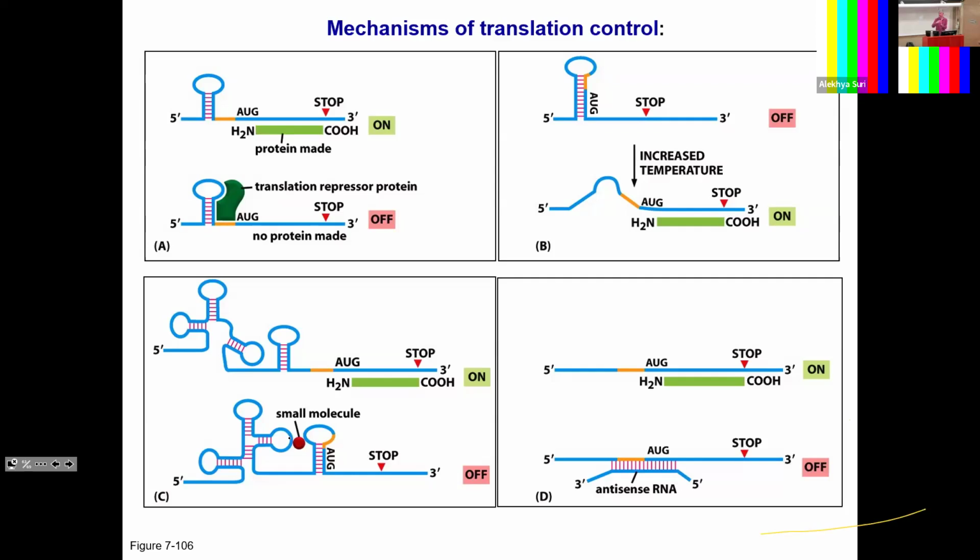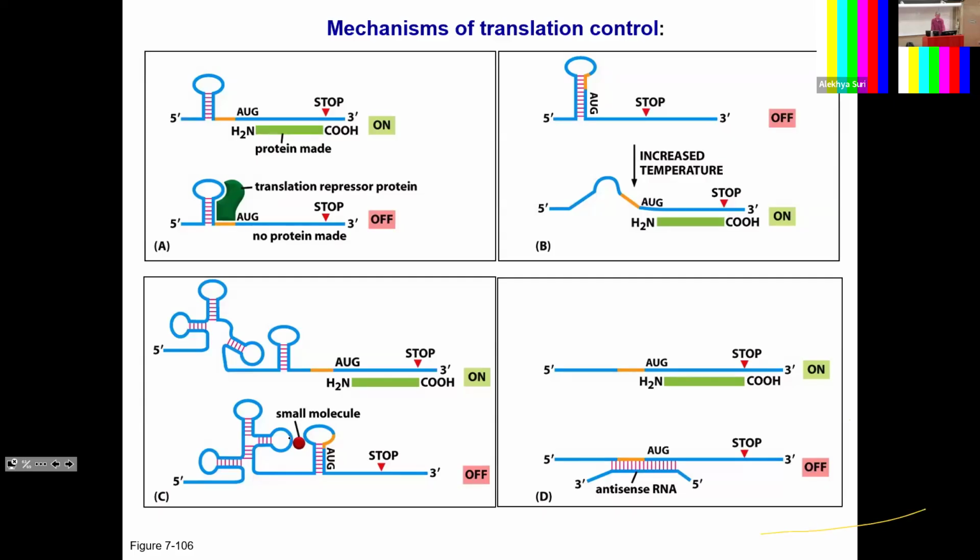That's where the methionine, the first amino acid, binds. So this will be in the stem loop, and the ribosome will here not bind efficiently, and so this translation is turned off.